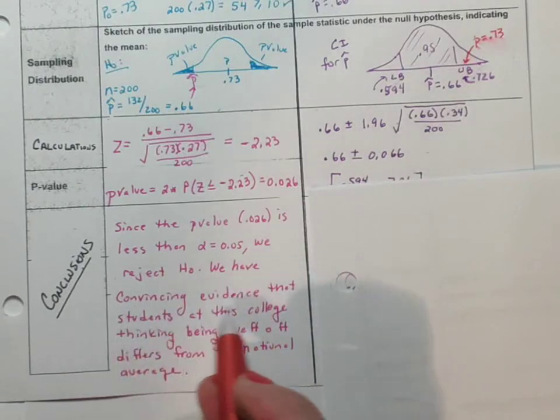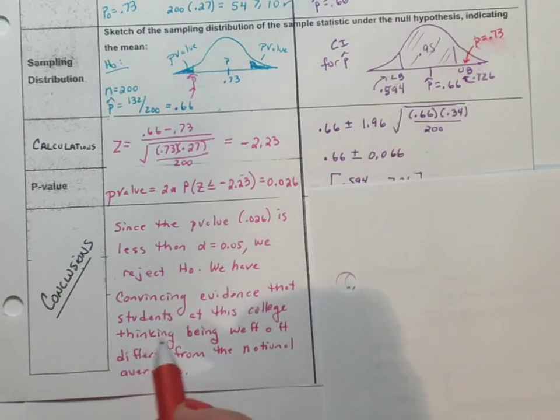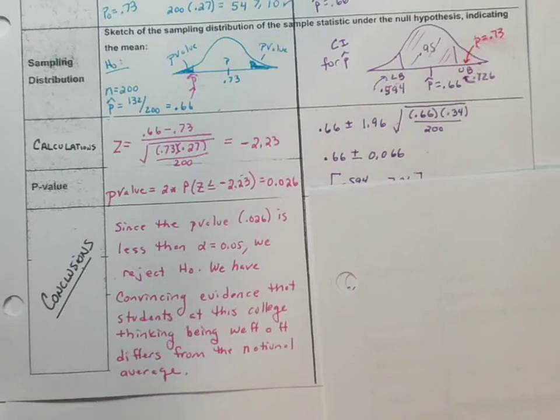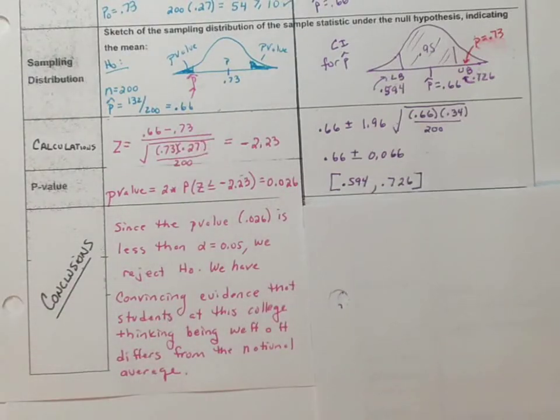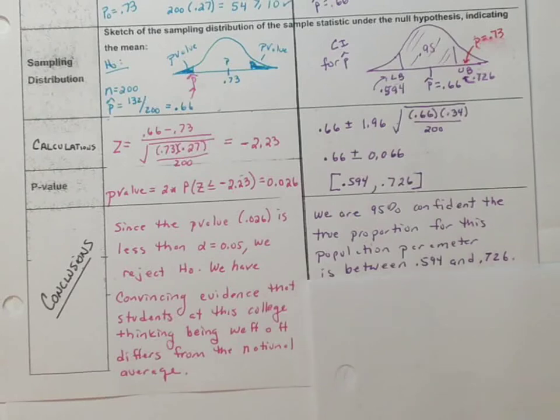We have convincing evidence that students at this college thinking being well off differs from the national average. I'm sure you could have worded that much better than I did, but I think you got the gist. So that is test of hypothesis. Okay.